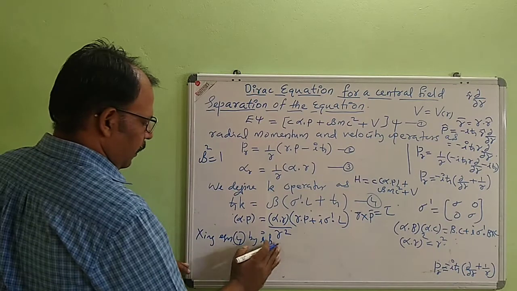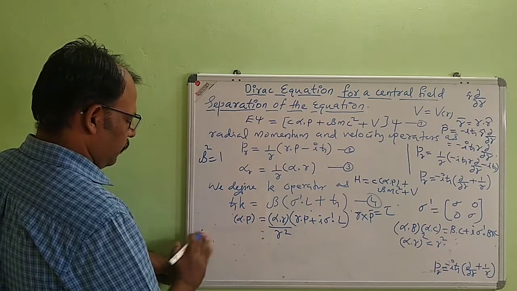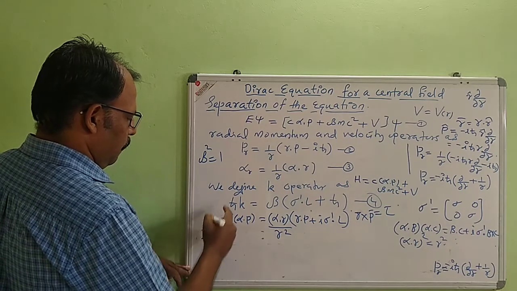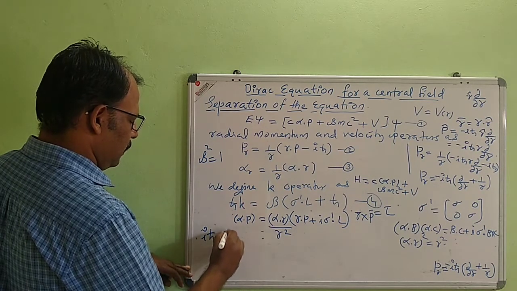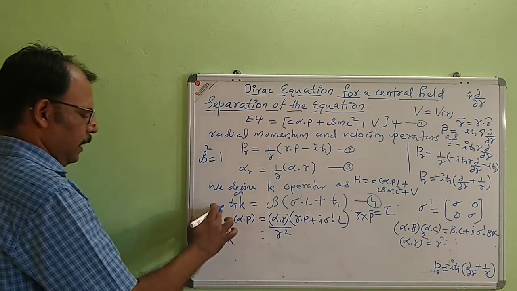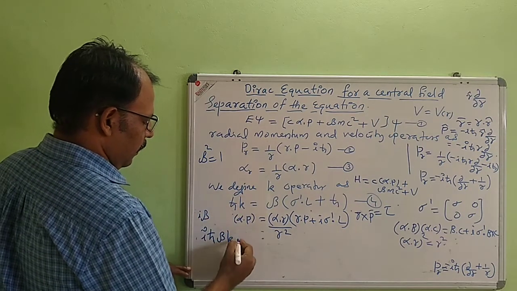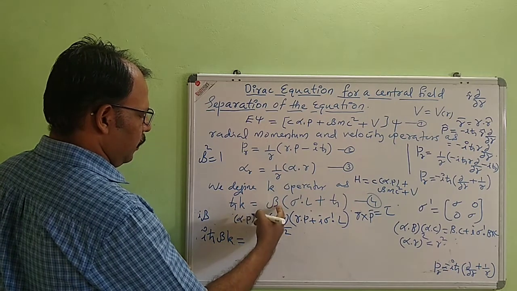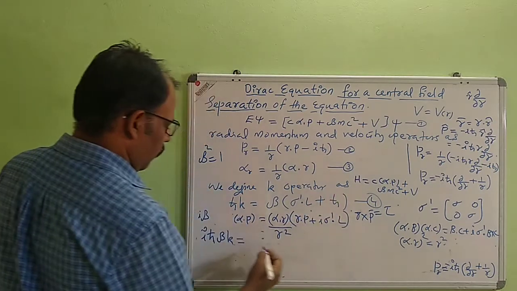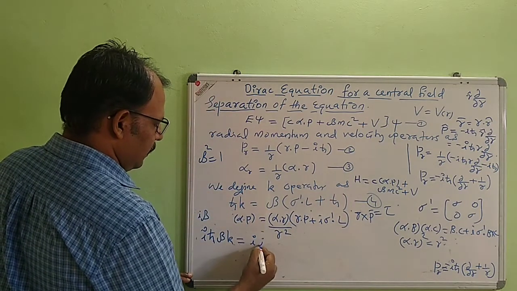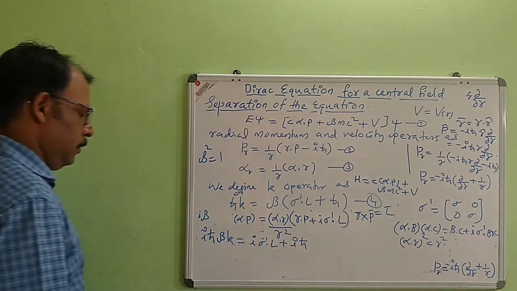So when I multiply equation 4 by I beta, the left hand side becomes I beta h bar K. H bar is a constant, so I can write it as I h bar beta K. On the right hand side we have I beta into beta, and beta squared is 1, so I sigma prime dot L plus h bar, or I can write it as I sigma prime dot L plus I h bar.